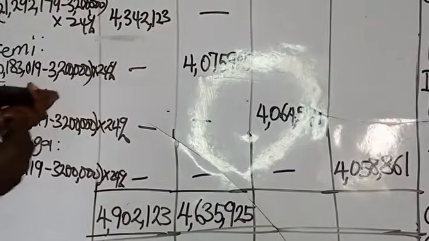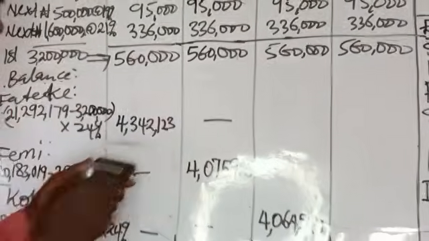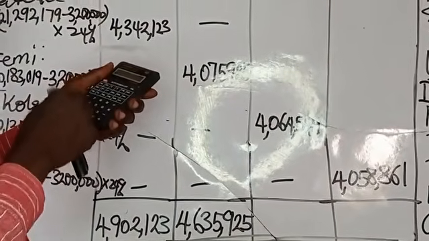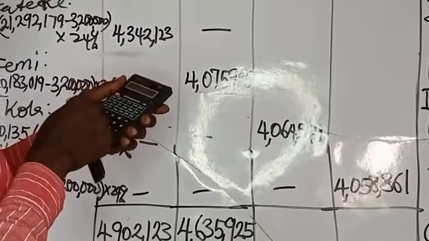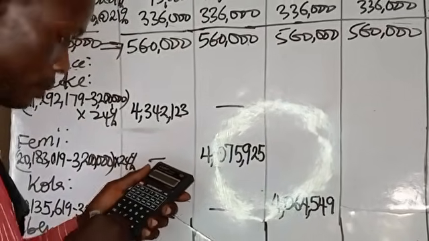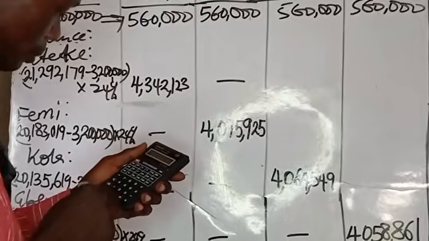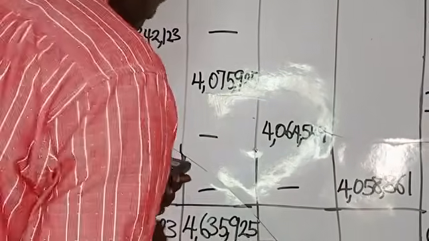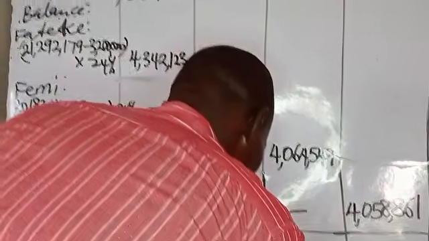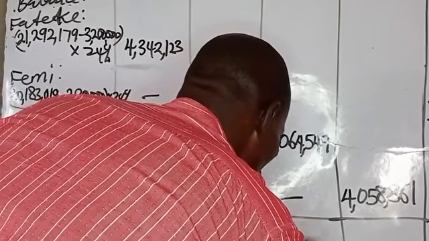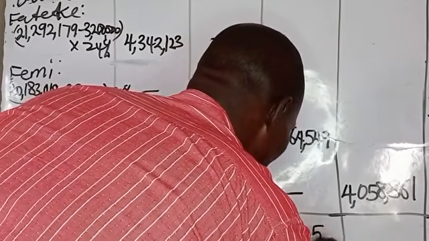For Kola, 560,000 plus 4,064,549. That is totaled 4,624,549.